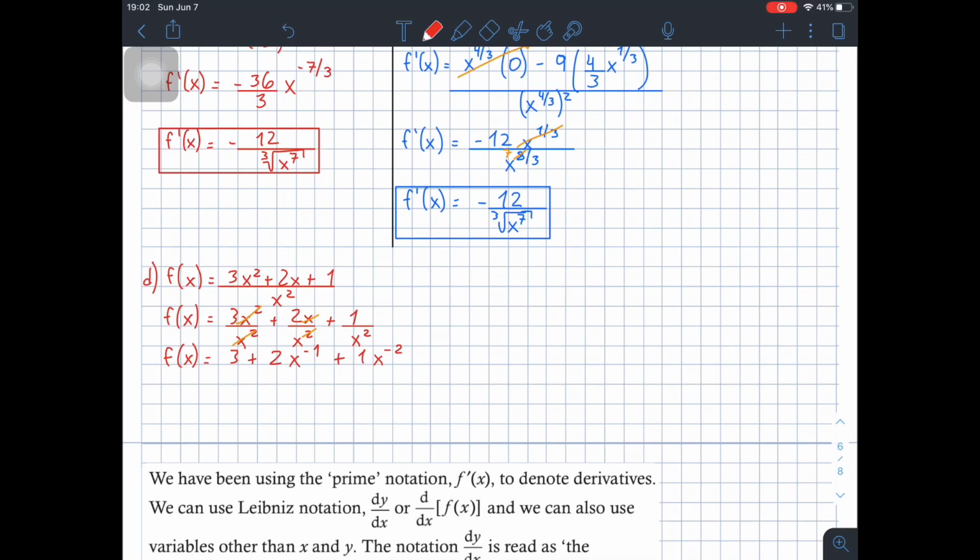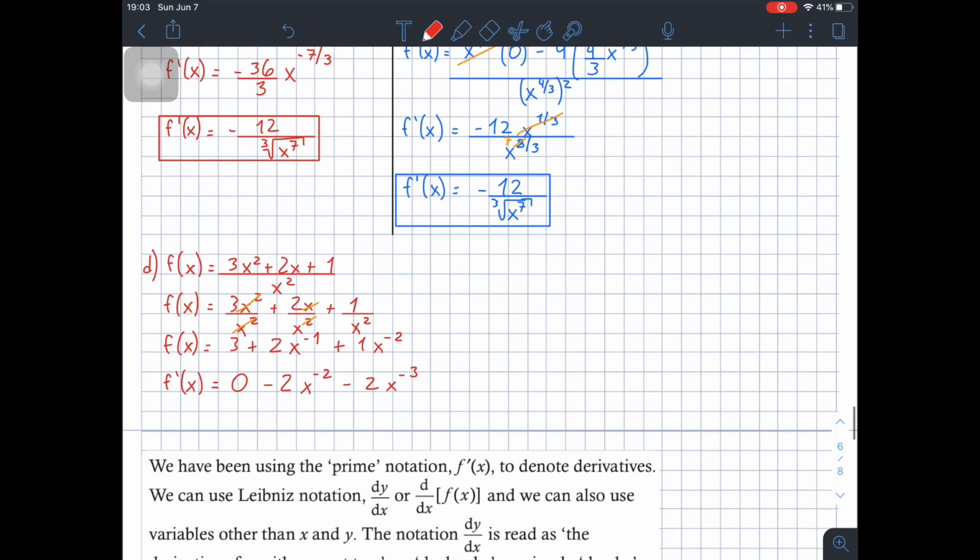So now if we apply the power rule, this would be equal to the derivative of 3, that's 0, minus 2, because it's 2 times negative 1, so minus 2 x to the power of negative 2, and then minus 2 again, 1 times negative 2 is negative 2, so times x to the power of negative 3, and that will be it.